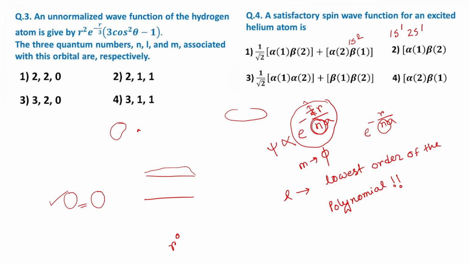So for this case it could have been alpha 1, alpha 2, or beta 1, beta 2, right? I'm sorry, whatever I have just said, that is wrong.